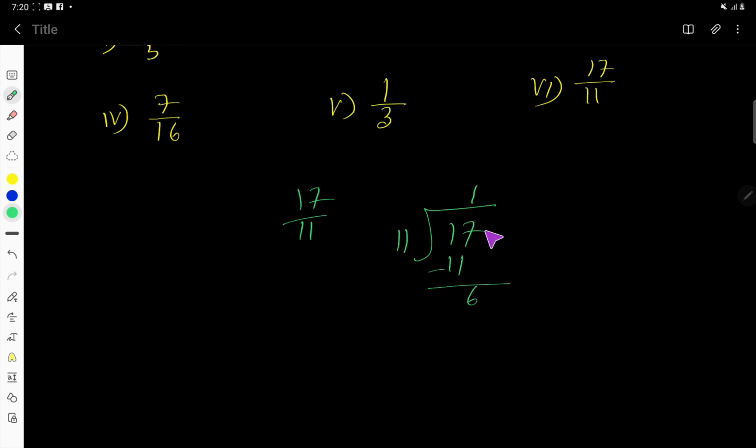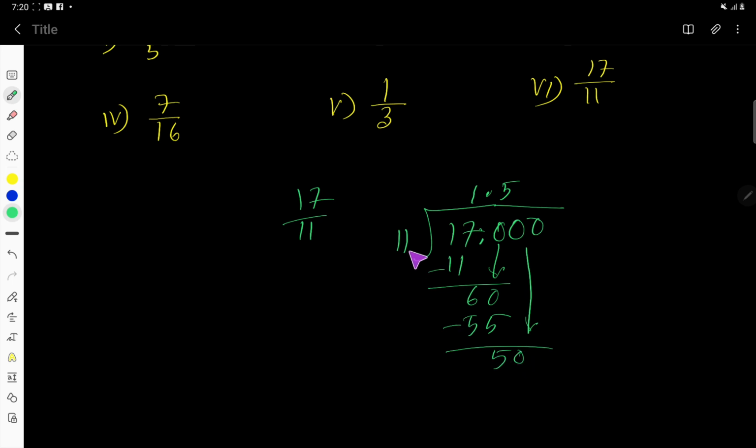Actually, since this is less than 11, you can expand this number. Okay, bring down the 0 and line up the decimal. 11 goes into 60 5 times. 5 times 11, 55. If you subtract, then 5, bring down the next 0, 50.